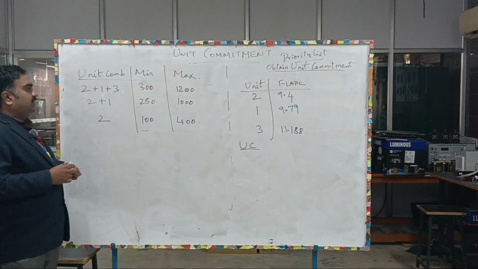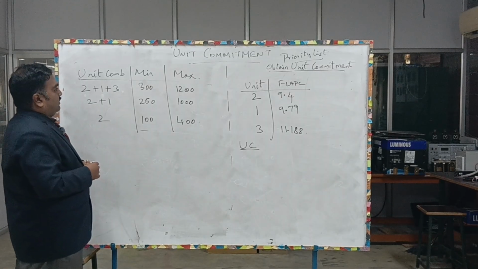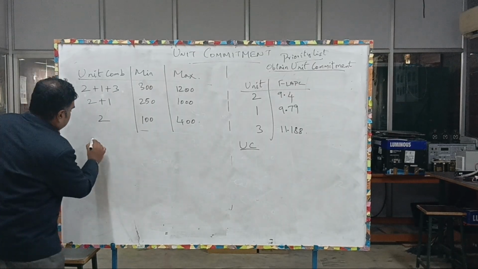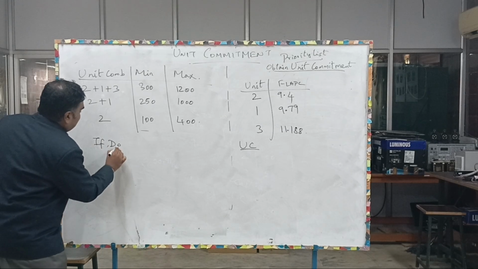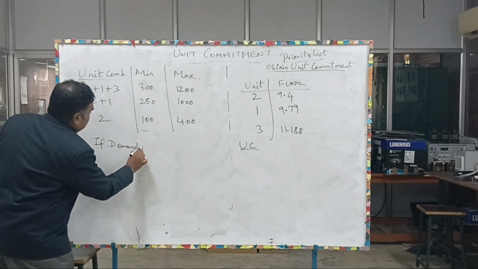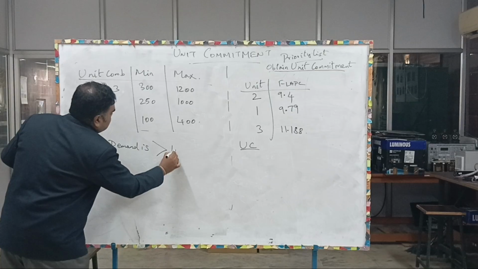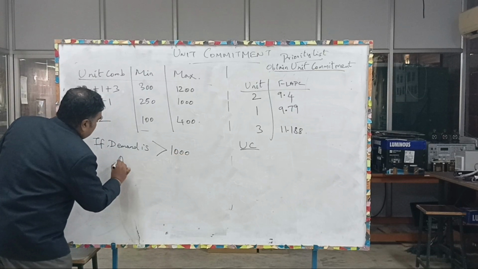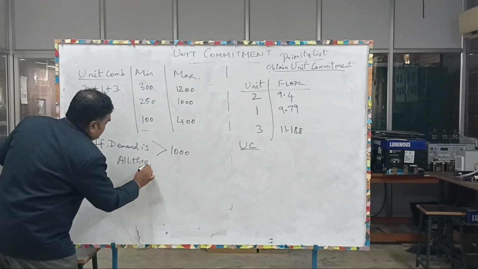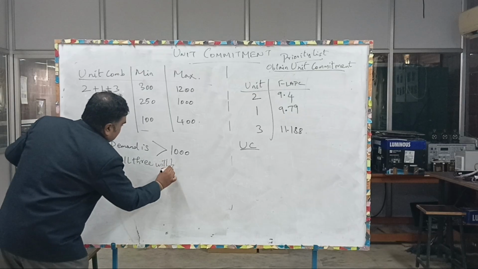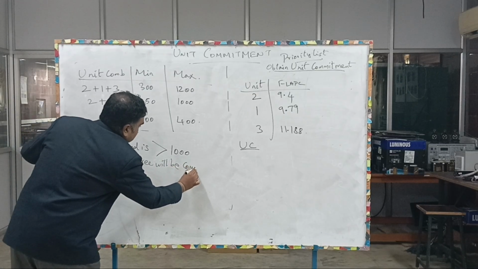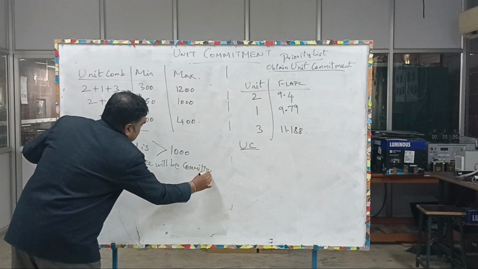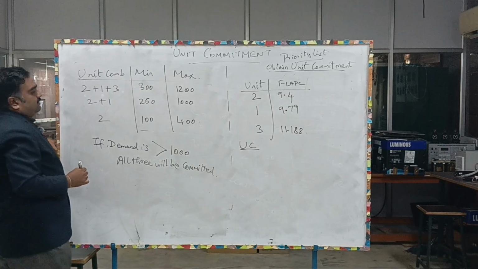So, finally, you have to write: if the demand is greater than 1000, all 3 will be committed.